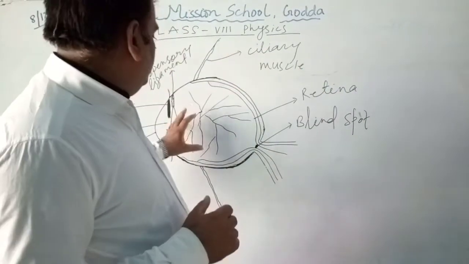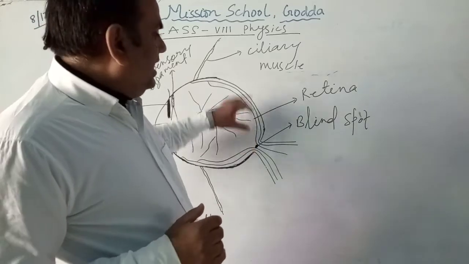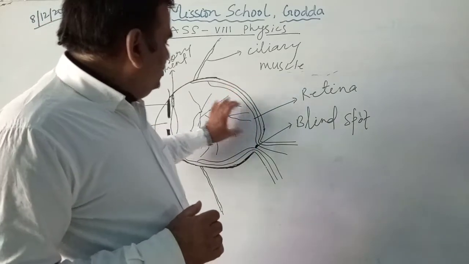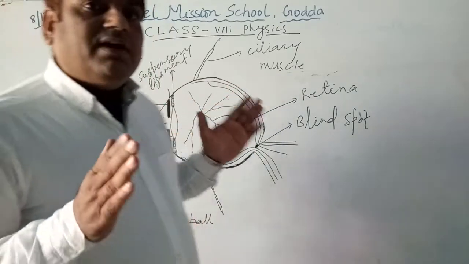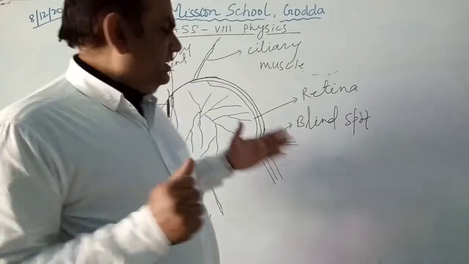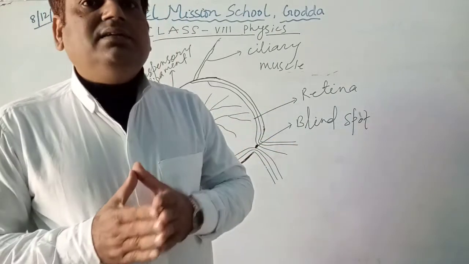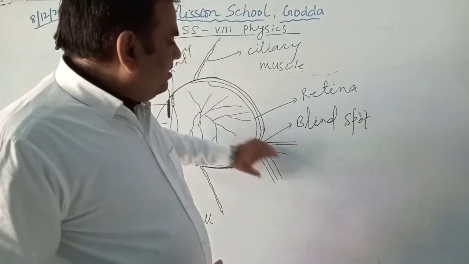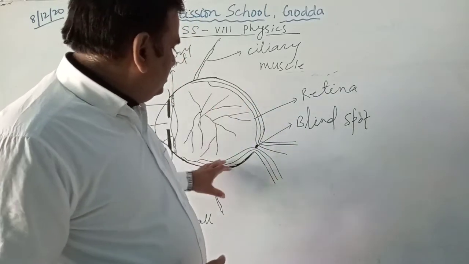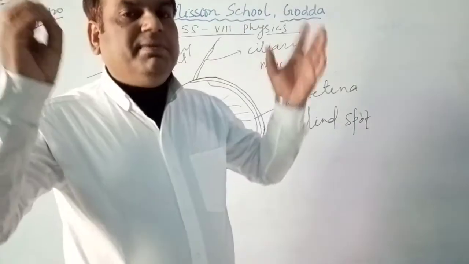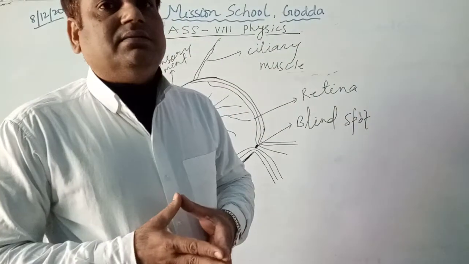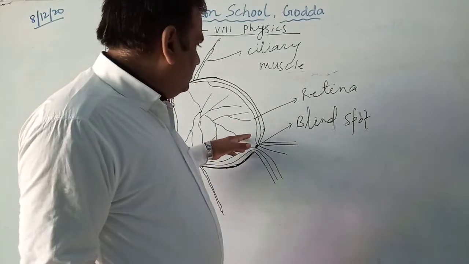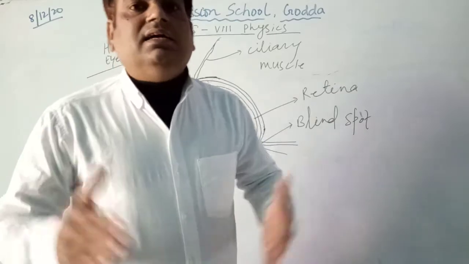As you know, the convex lens forms a real image, and a real image is always inverted. Our optic nerves and veins are connected to the brain, and the optic nerves identify the images.